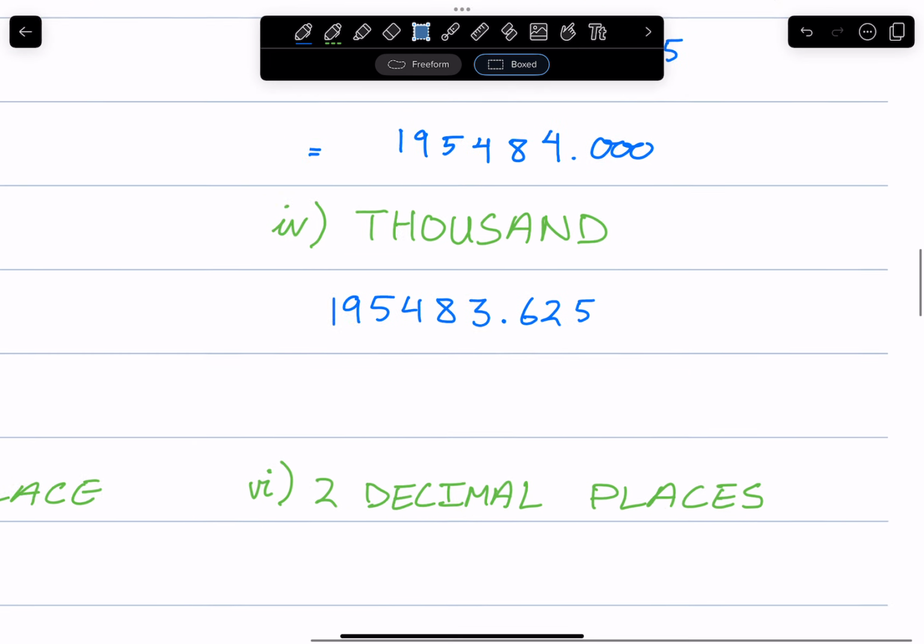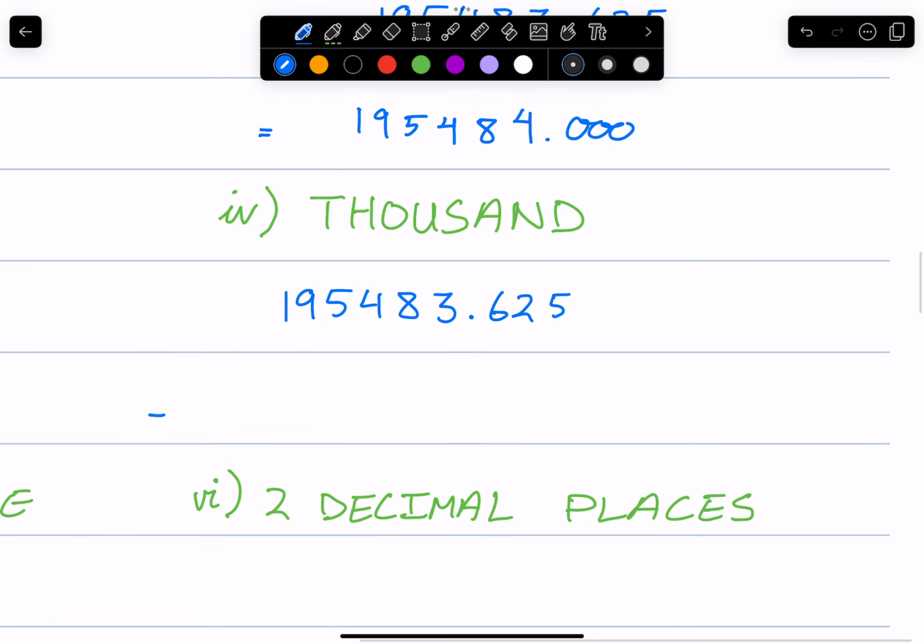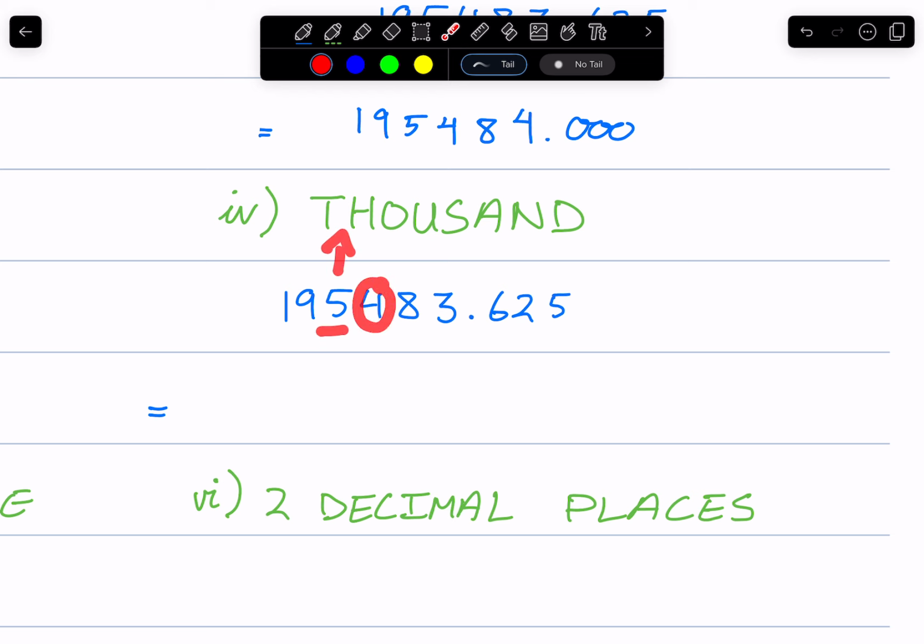Let's round this to the nearest 1,000. Let's find the chosen positions first. Ones, tens, hundreds, thousands. So the chosen position is 5. And we now decide, does it go up or stay the same? Well, this number to the right decides that since this is between 0 and 4, the 5 remains the same.